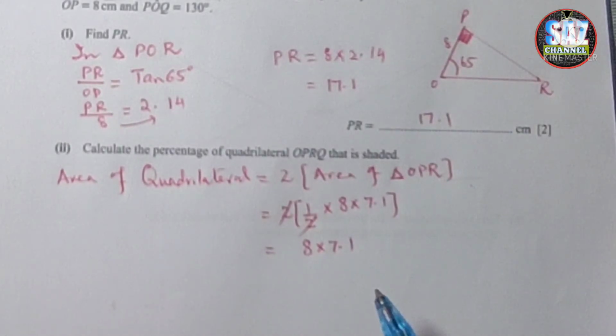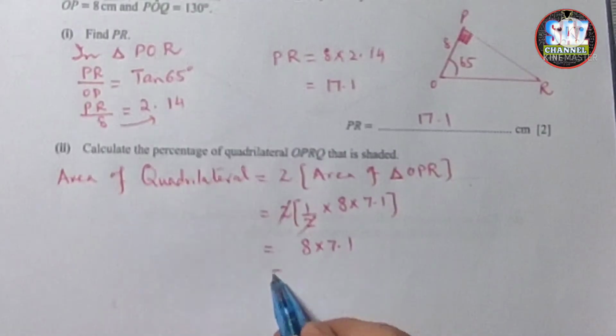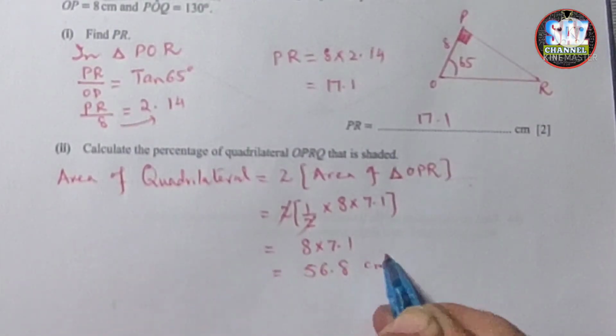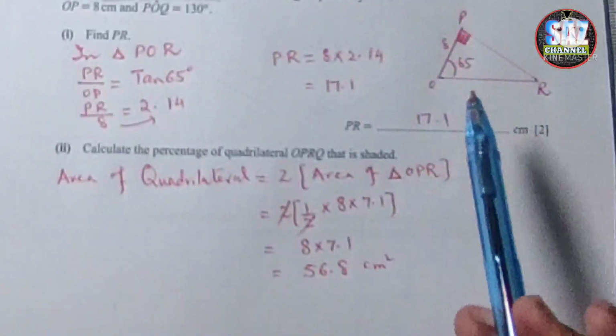We are getting the answer 56.8 centimeters square. We have got the area of this whole shape.